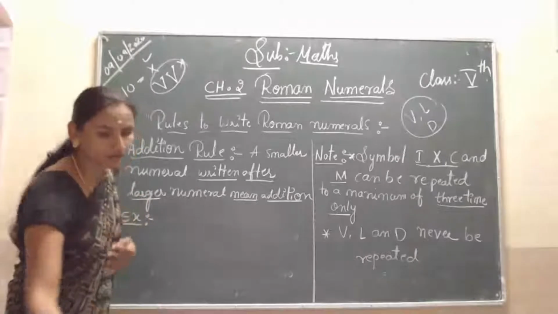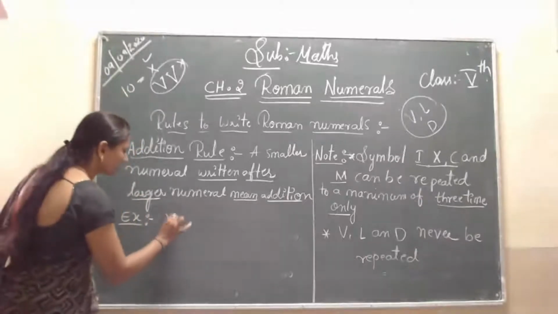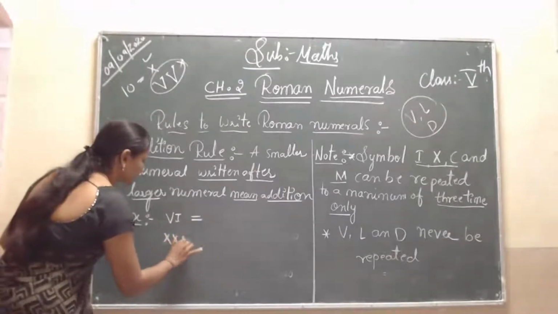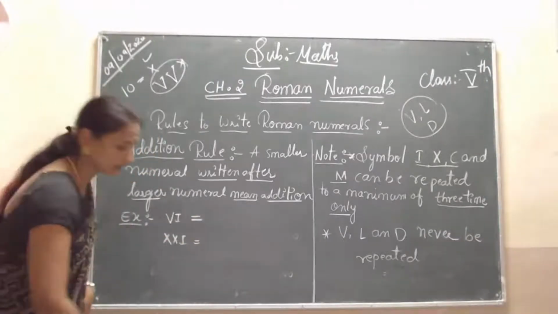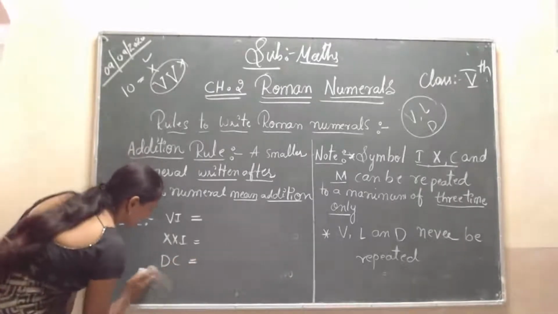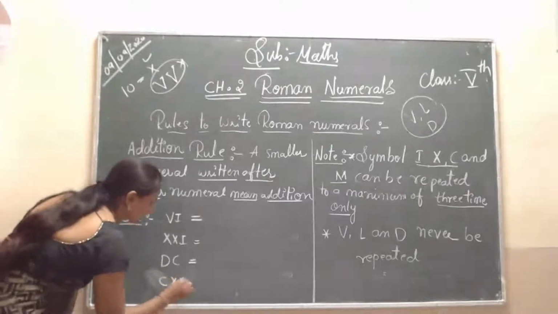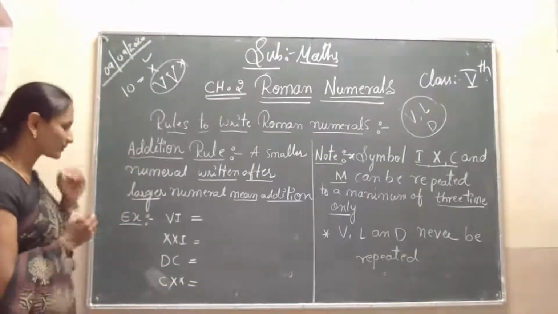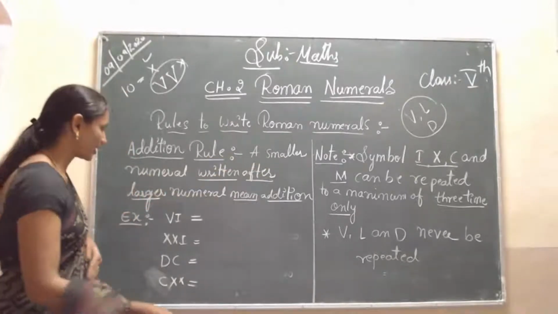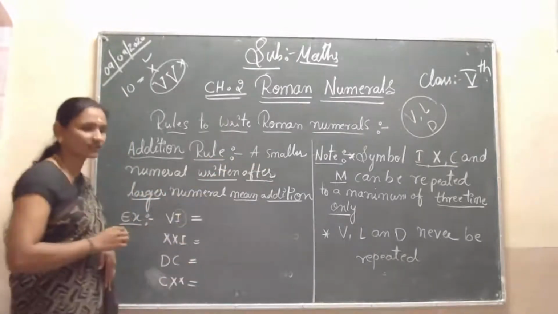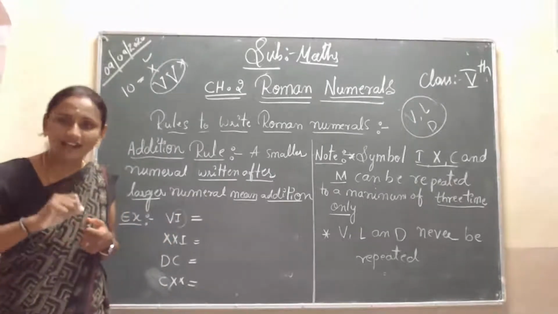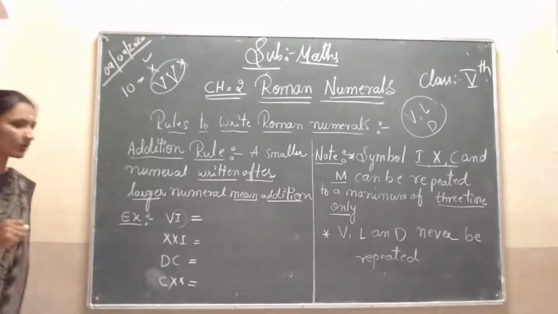Example: VI, XI, DC. Just observe, students: the smaller numeral here is I. Compare V and I: I is smaller.